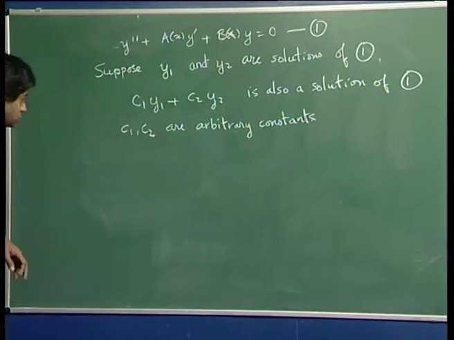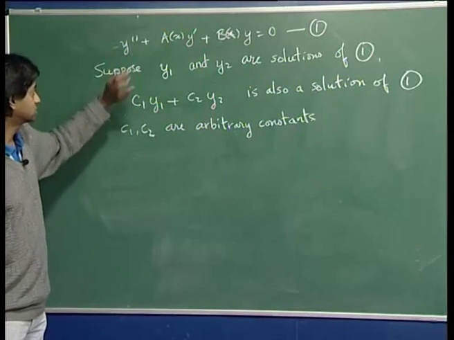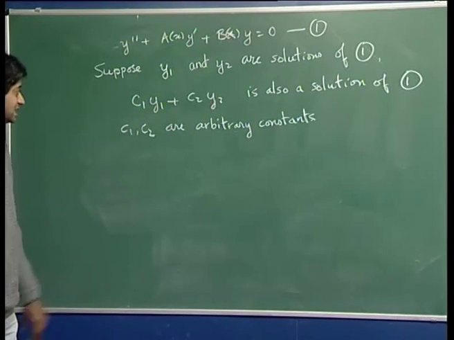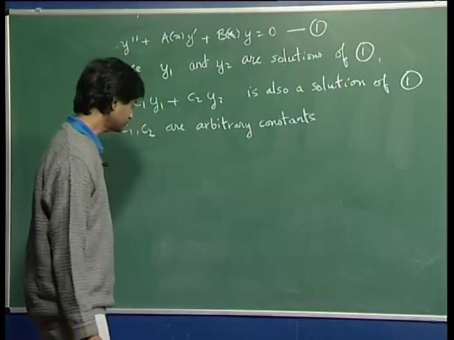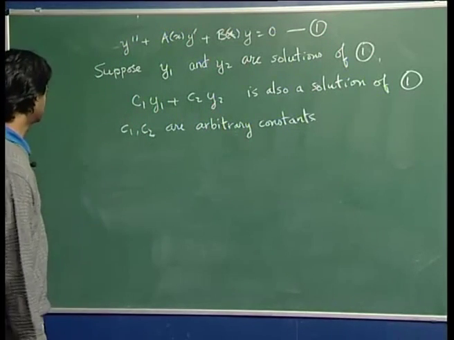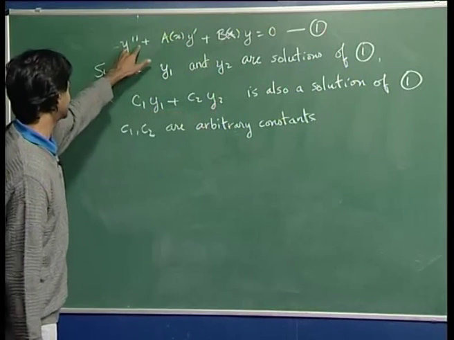Okay. So, suppose y1 and y2 are solutions of this equation, then clearly any linear combination of these two will also be a solution of this equation. It is fairly easy to prove. You can just substitute this in this equation.